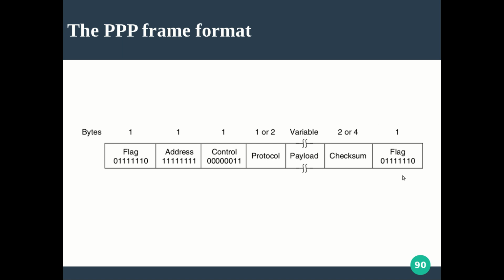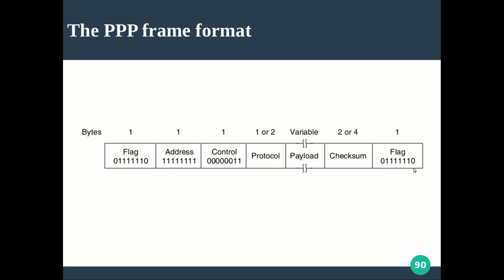If the same pattern occurs in the payload, it will be stuffed with an extra 0, and at the receiver side that stuffed 0 will be de-stuffed. The 0 is inserted after a continuous occurrence of 5 ones. If there are 5 ones in the original message, and the 6th bit is 1 and the 7th bit is 0, it would be interpreted as the end of frame delimiter pattern, and the receiver would stop reading at that point, though it is actually part of the payload.